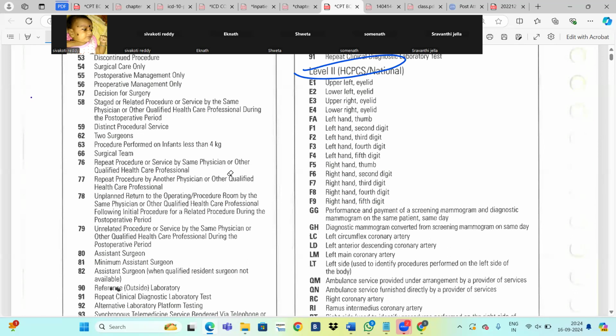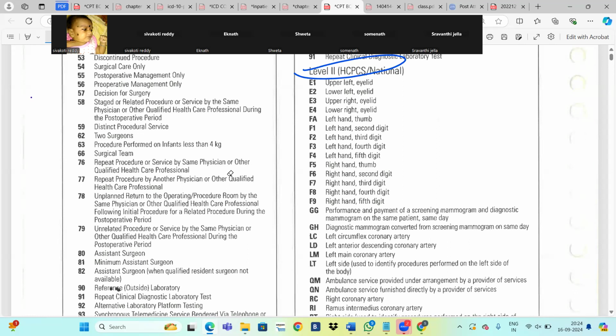Generally, while we are working in PCS like inpatient, you will get more specific body part, right? Like right, upper, left, lower, each and everything. But in CPT, in outpatient, we don't get that much specific body part for the procedure. That's why you will use these modifiers to identify the part.